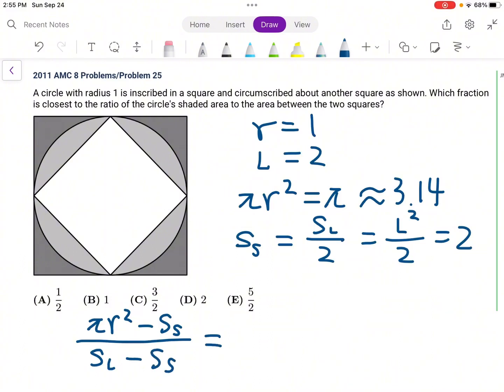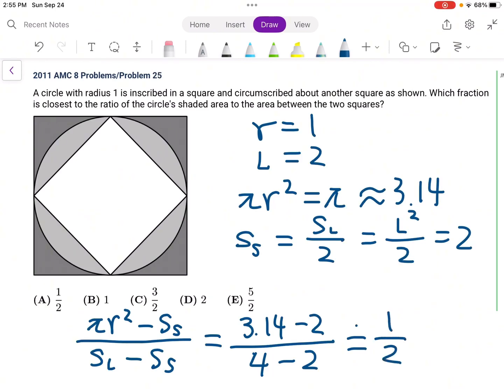That equals 3.14 subtract 2, divided by 4 subtract 2, and that's approximately 1/2. The answer is A.